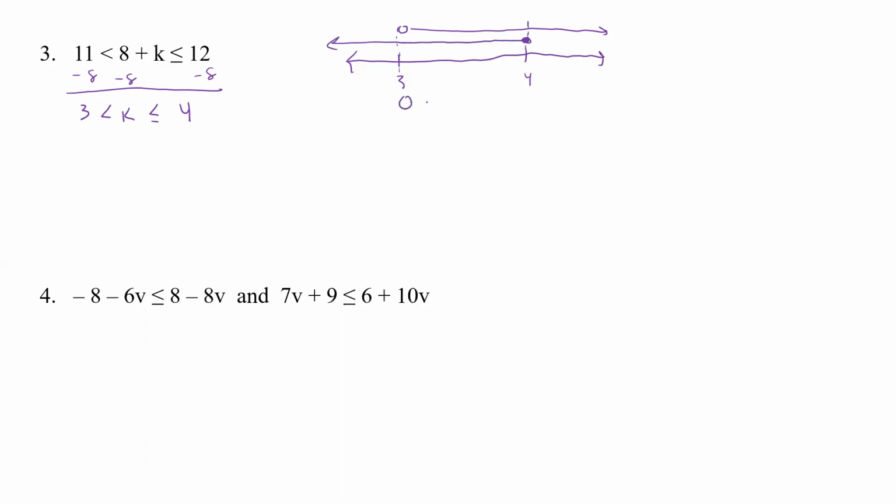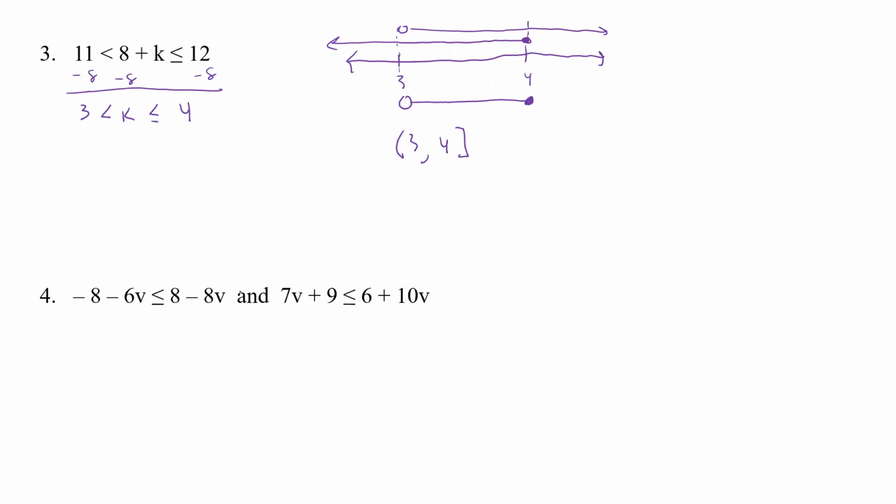And so it's going to go from 3 to 4. And so for interval notation, we can write that directly below. That's going to be a parenthesis, 3, comma, 4, and then a bracket because of the closed circle. Okay, so this is like the and, because you have to have that intersection part is where it is true.